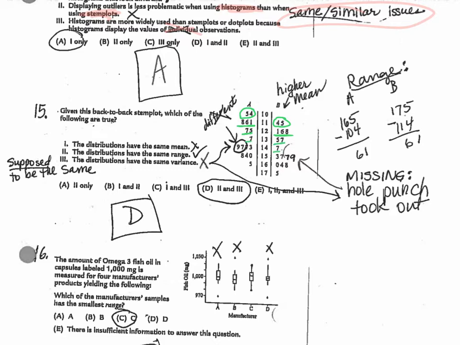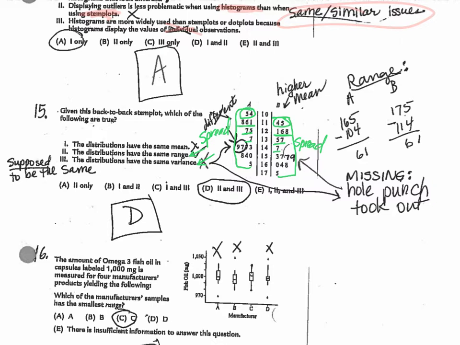So, hold on a second. So what we find is that the spread on all of these on the left is the exact same spread as all of these on the right. So if their spread is the same, then range does not change, and the variance, which is standard deviation squared, does not change. So the spread doesn't change.